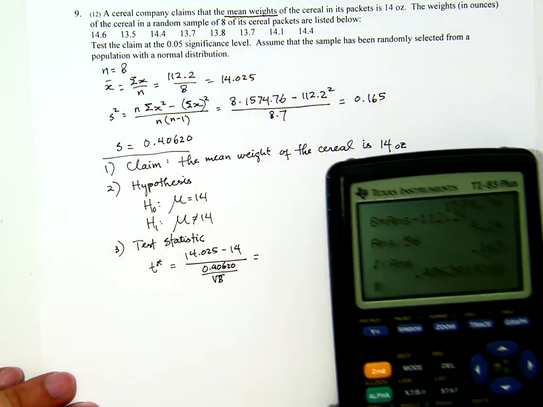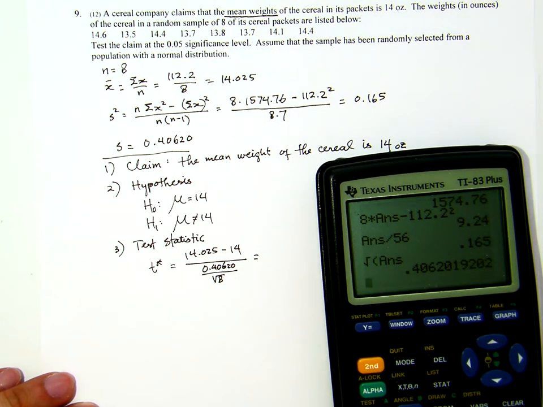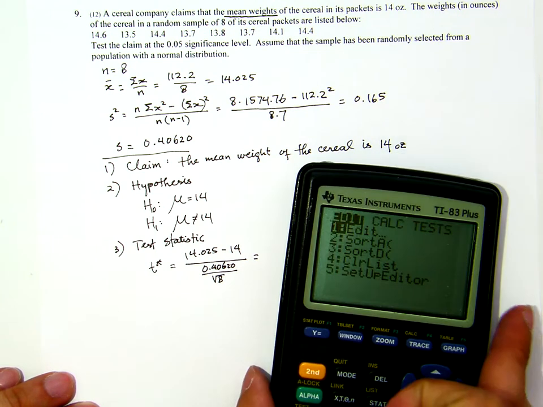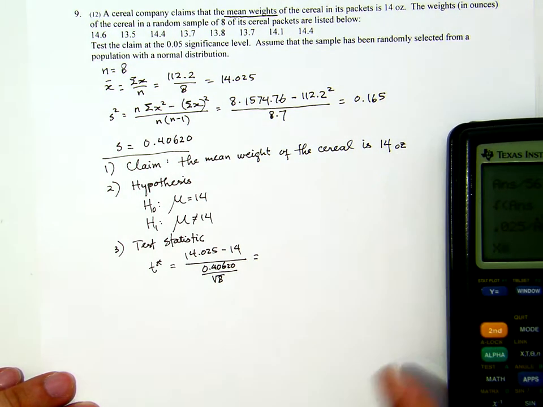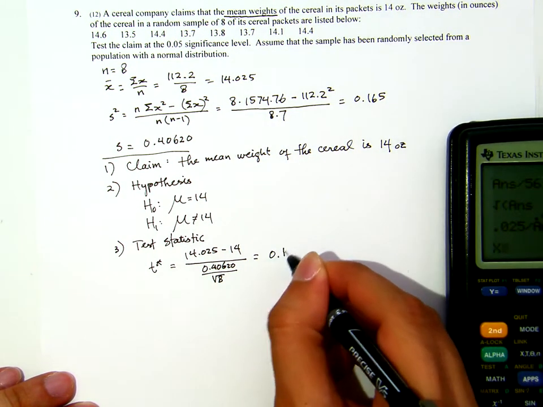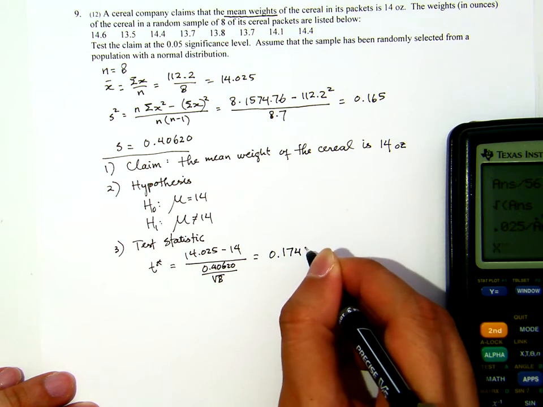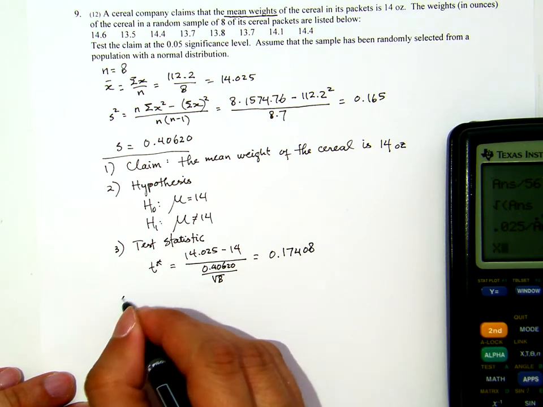If I compute that, that will be 0.025 divided by the standard deviation multiplied by square root of 8. That will give me the t is 0.17408.